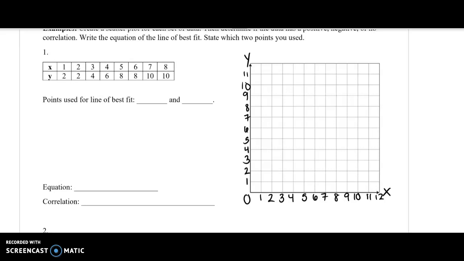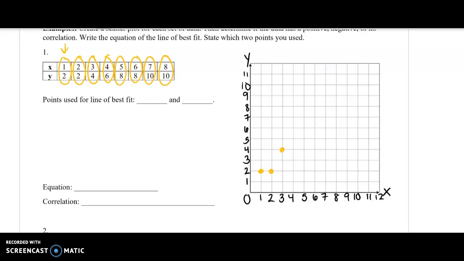Okay. So now what I'm going to do is take each ordered pair. I am circling all the different ordered pairs because an ordered pair is X comma Y. So my first one is 1 comma 2. So I go over 1 and I go up 2. I plot that point. So you're just going to plot all of these ordered pairs.